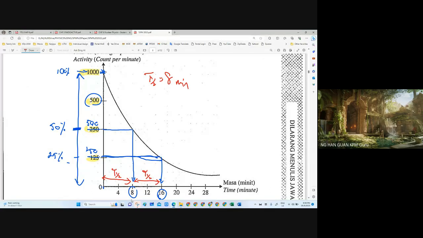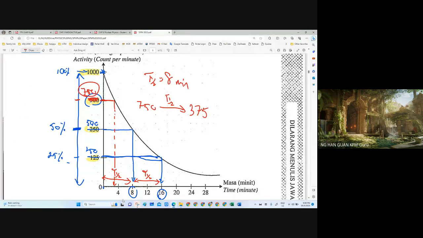Even if you don't start from 1000, let's say according to the ratio of the length, the reading here should be 750. When you take 750 as a starting reading, you should get the reading around here. And after one half-life, 750 divided by 2 becomes 375.